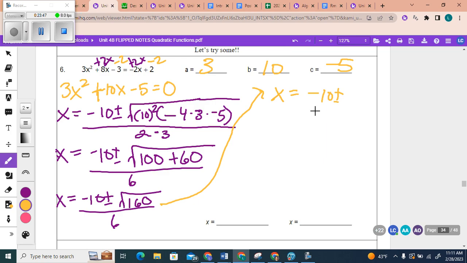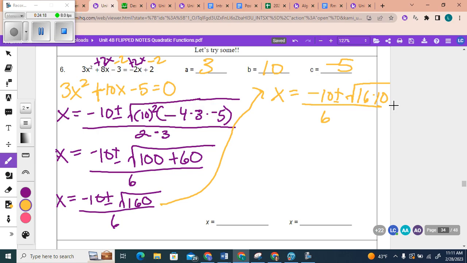No. So we got to break it down. How do we break it down? Break it down. Good. All right, so what can we break 160 down into? What's a perfect square? Hint, hint. That goes into 160. Good. 16 and 10.